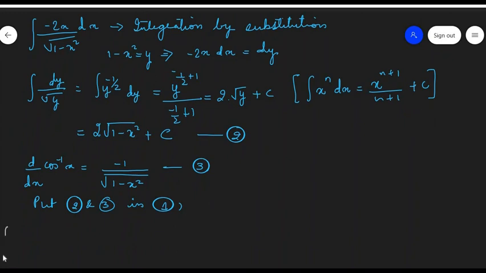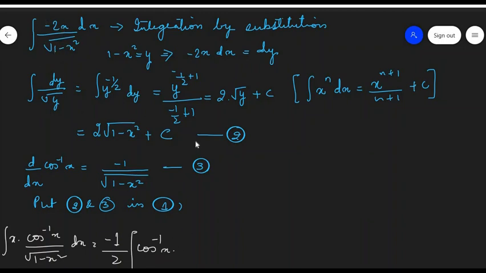So I get integration of x into cos inverse x upon square root of 1 minus x square dx as minus 1 by 2 into first function, which is cos inverse of x, into integration of this thing.